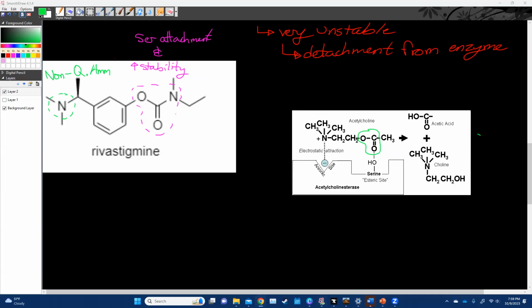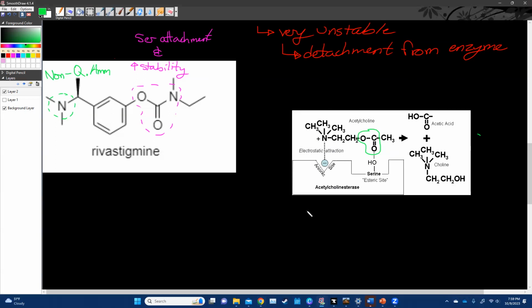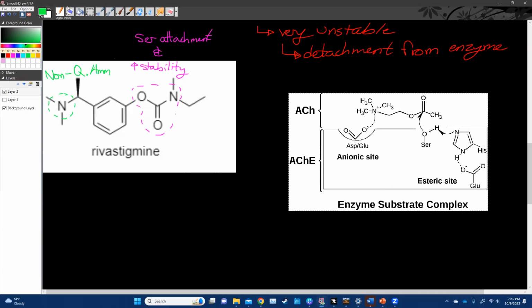Actually, here is a much better diagram. Here we go. Much, much better. Once again, the anionic site is using tons and tons of negative amino acids, aspartate, glutamate. That's going to help keep the nitrogen in the correct position, whereas the ester is using a serine moiety to attack our drug.